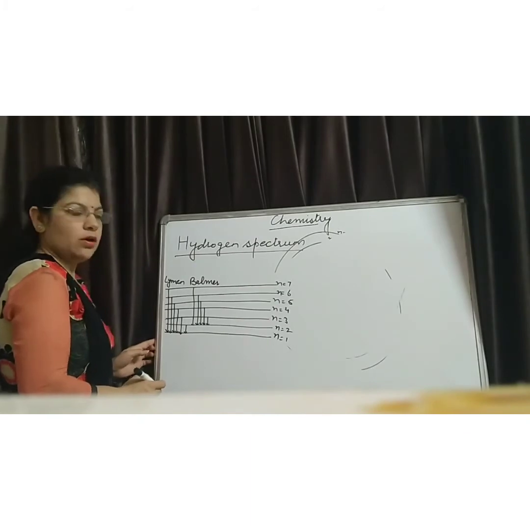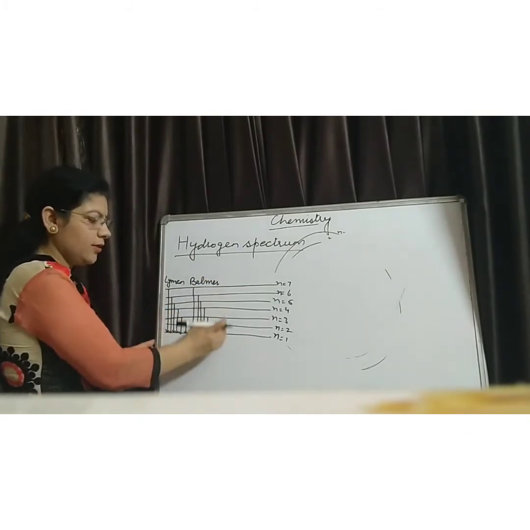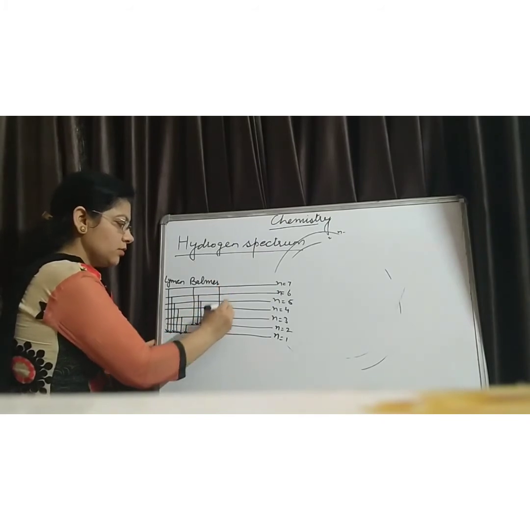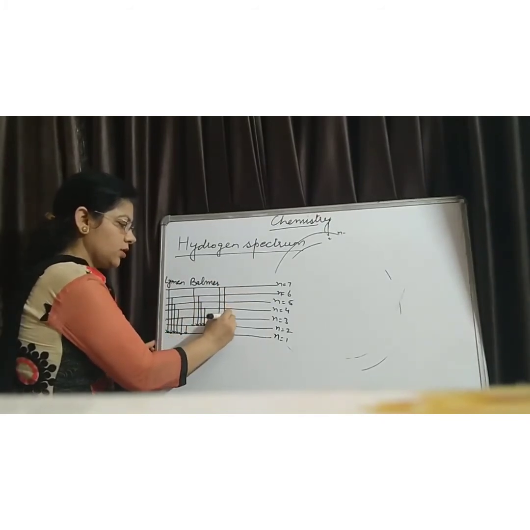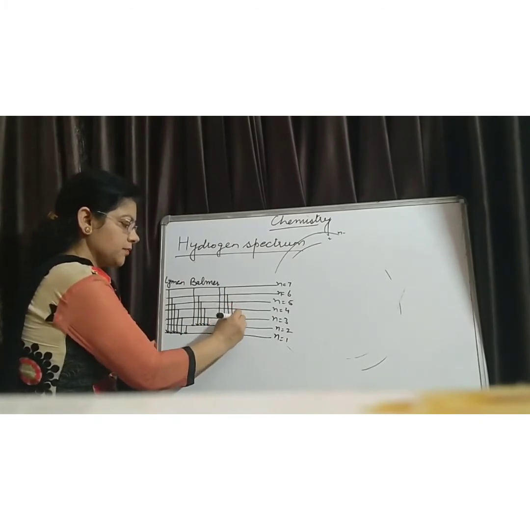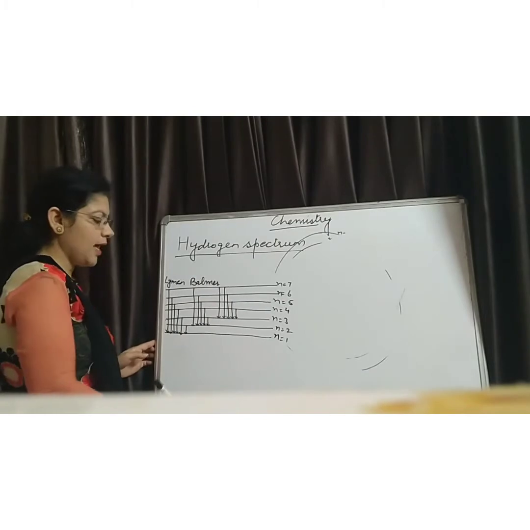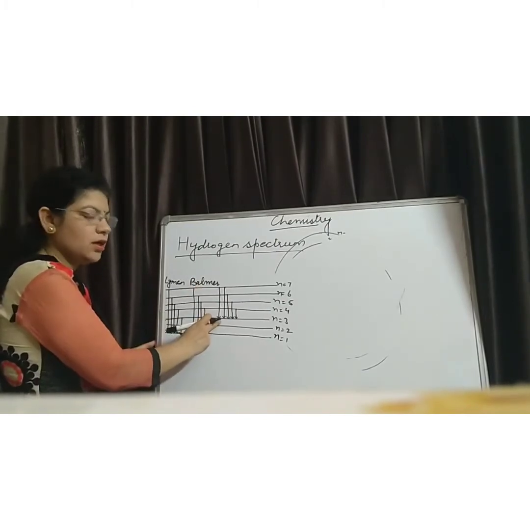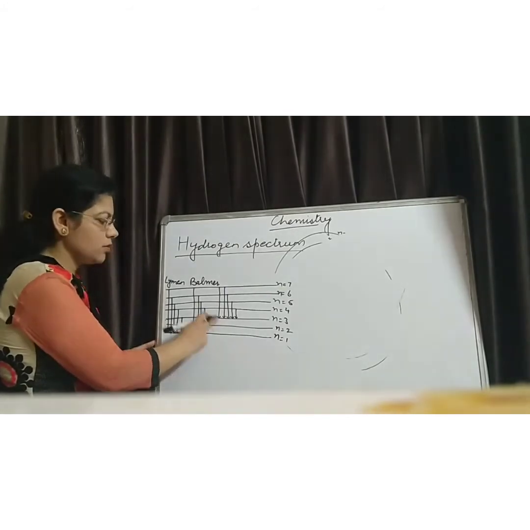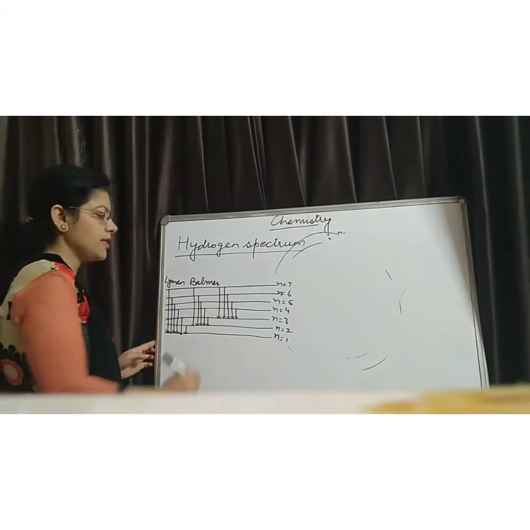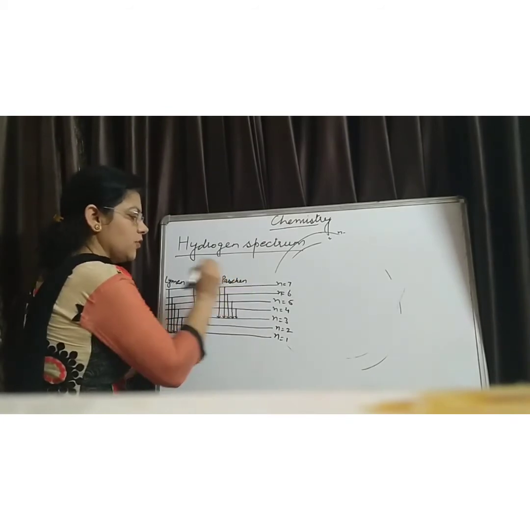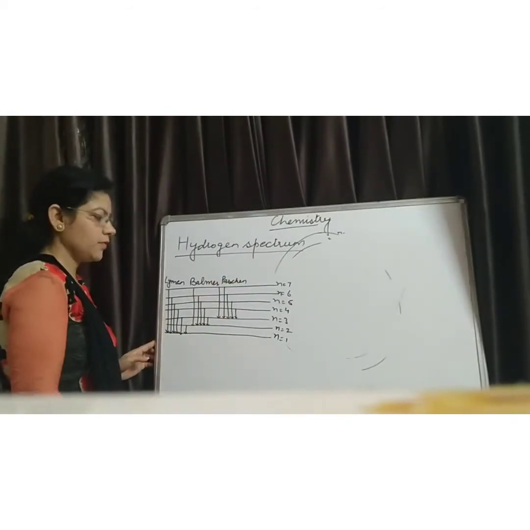Next, when excited electrons jump from an excited state to the third shell, that is, the excited electron jumps into the third orbit of hydrogen, that series is known as the Paschen series for the hydrogen atom.